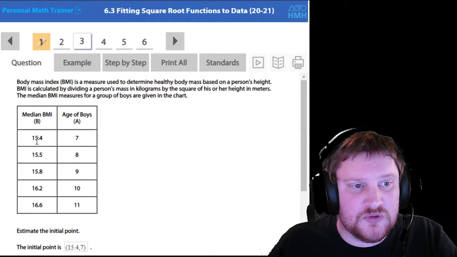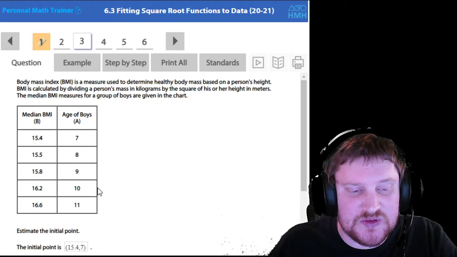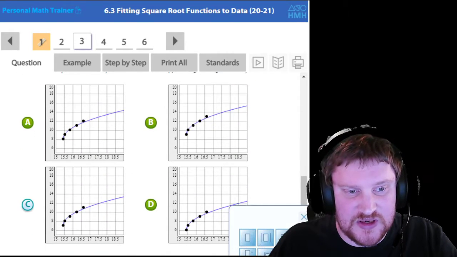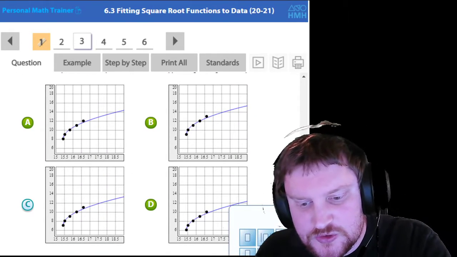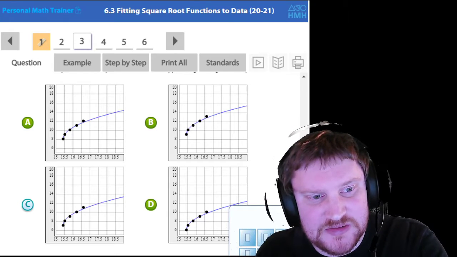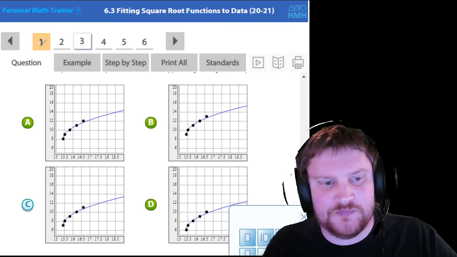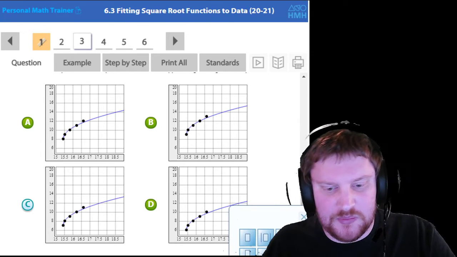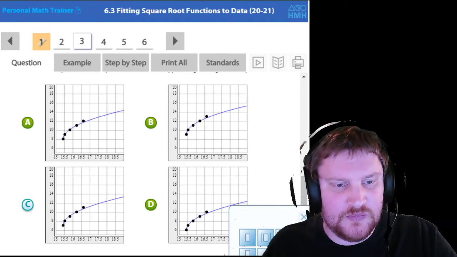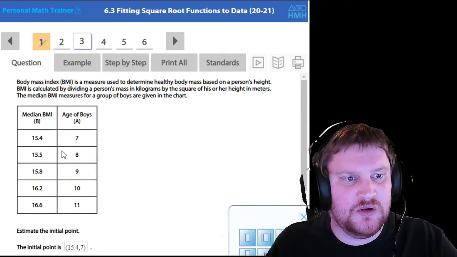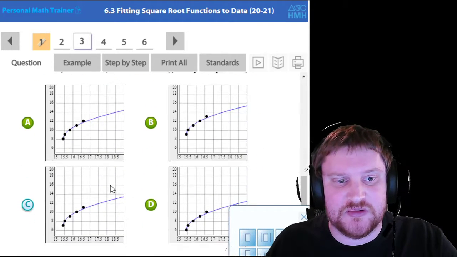Well, the vertex, in this case, is 15.4, the x value for the vertex. So this is going to be minus 15.4. This is going to be plus k. In this case, the vertex is at 7, so plus 7.